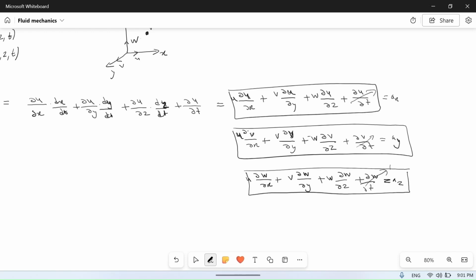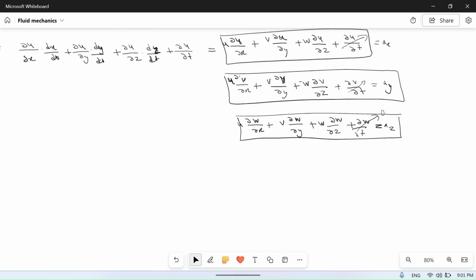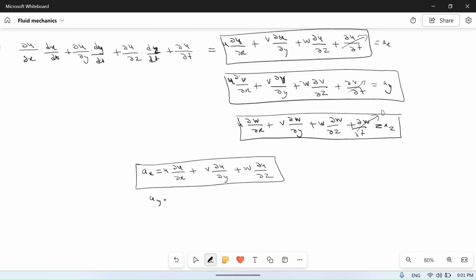So for a steady flow it becomes simpler: ax is equal to u del u by del x plus v del u by del y plus w del u by del z. ay will be equal to u del v by del x plus v del v by del y plus w del v by del z.